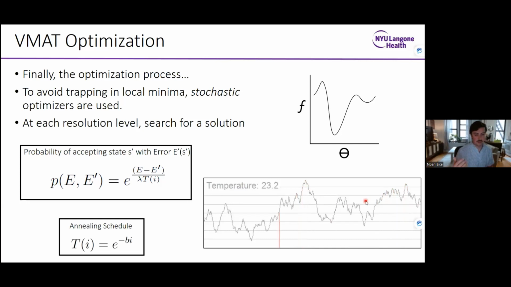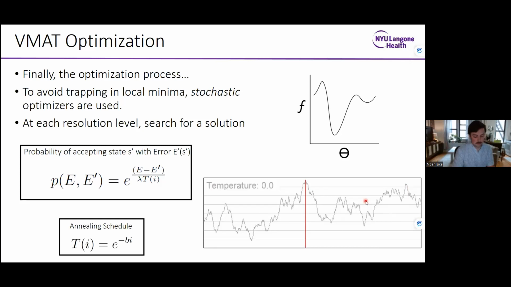The idea behind simulated annealing is that you have your solution state, and you randomly make some change to that state. And if it improves the score with respect to the objective function, then you accept that change.